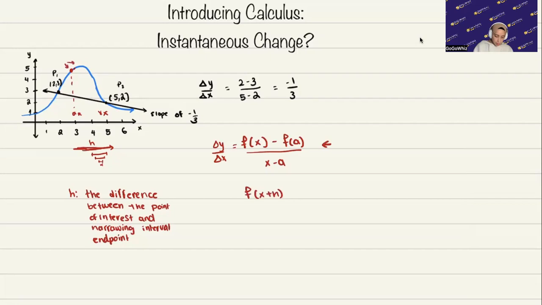So it would be this new point minus f of x, all over that difference, x plus h minus x. Well, we can see that that's really just h, because x and x cancel out. So then I can represent it like this. So these are two ways of looking at an average rate of change in a very small interval.